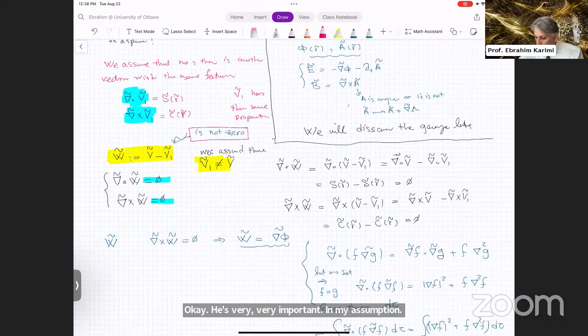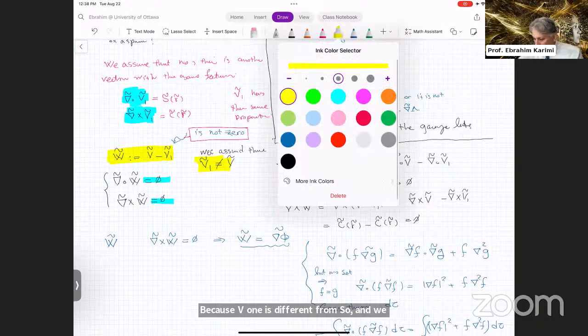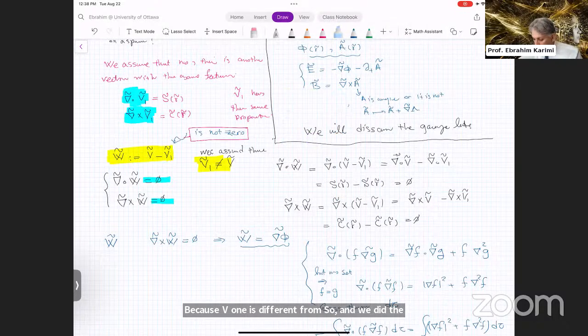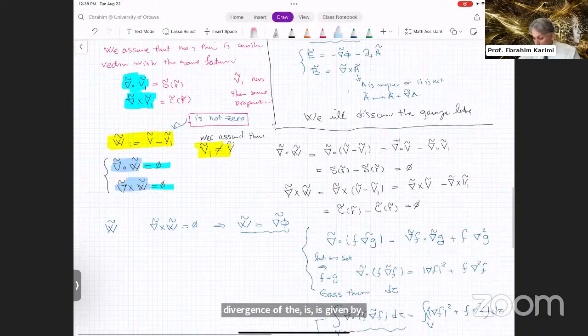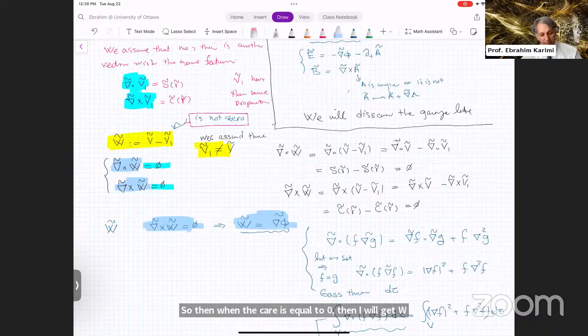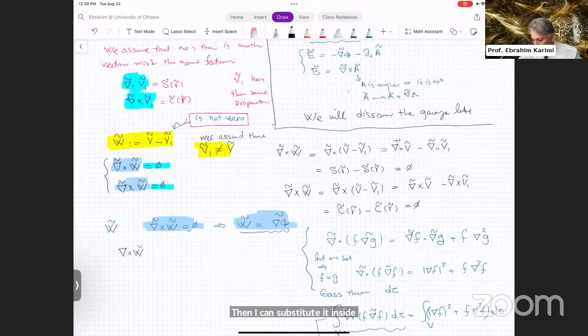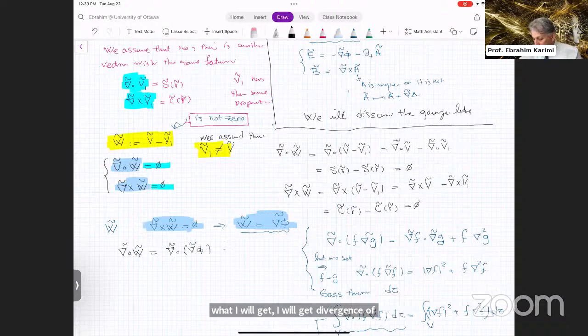So we did the mathematics, and what we realized is that divergence of W is 0, curl of W is given by 0. So when the curl is equal to 0, then I get W to be equal to a gradient of a scalar quantity. Then I can substitute it inside the divergence of W, and I get divergence of gradient of phi, which is equal to 0.